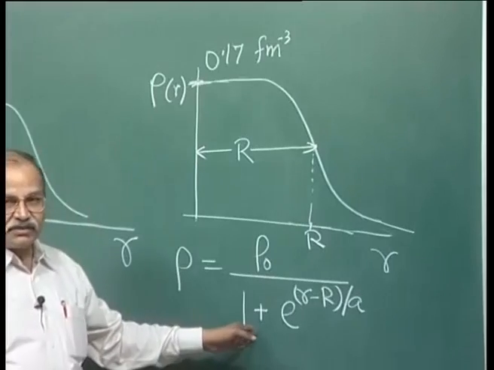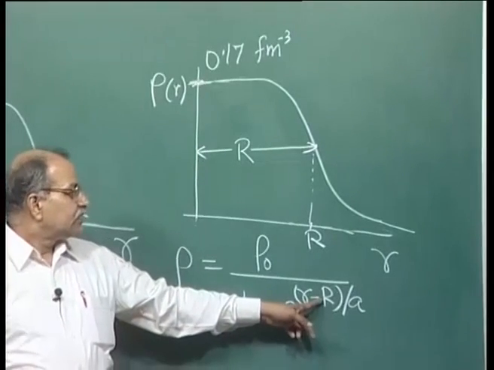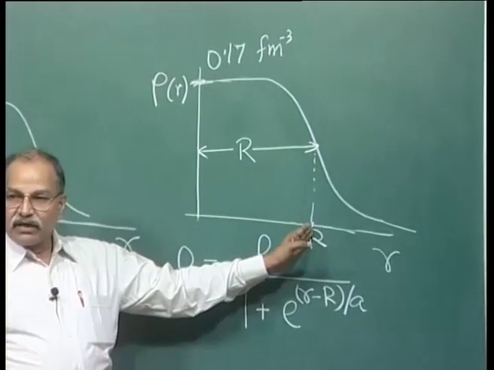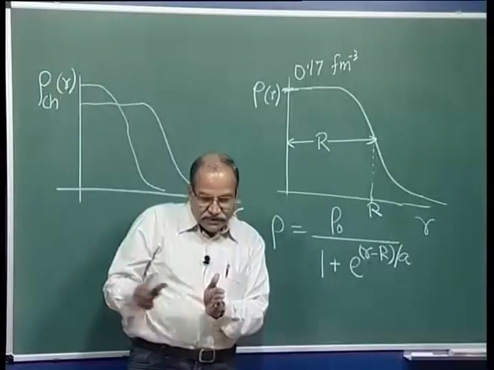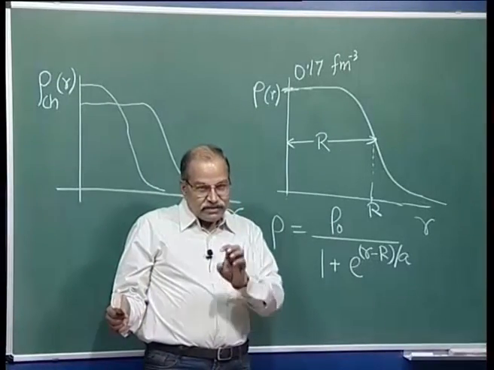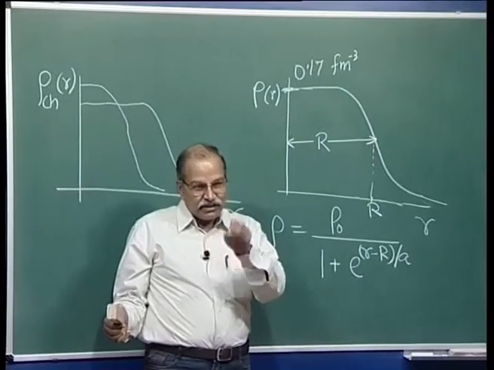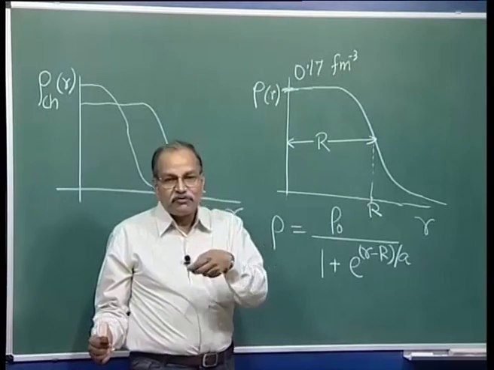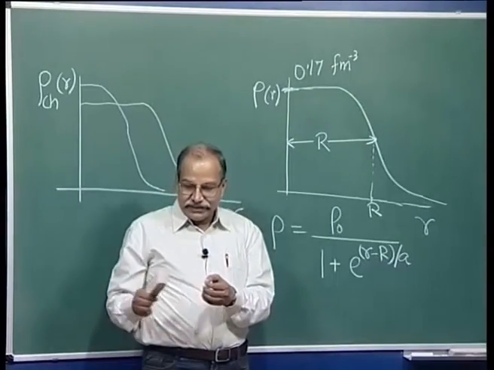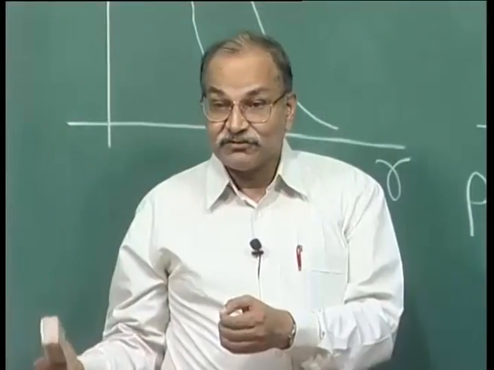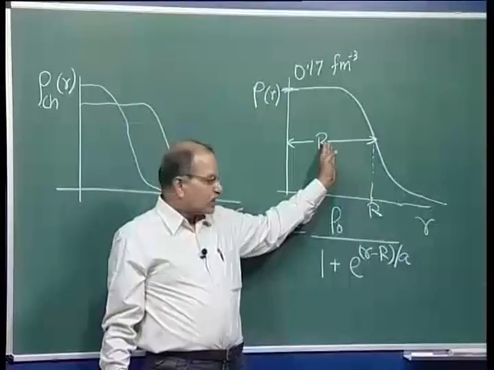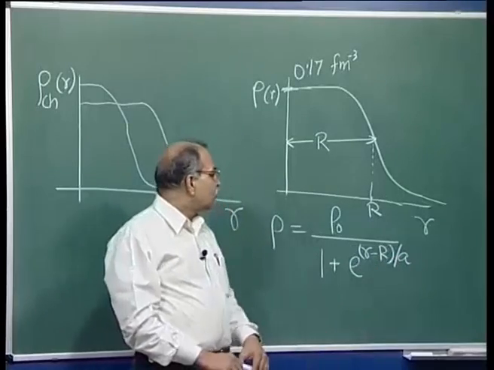In this function, this capital R is the value of small r, the distance from the center, where the density, meaning the number of nucleons per unit volume, decreases to half its value. So that is this capital R. And then what is this small a?